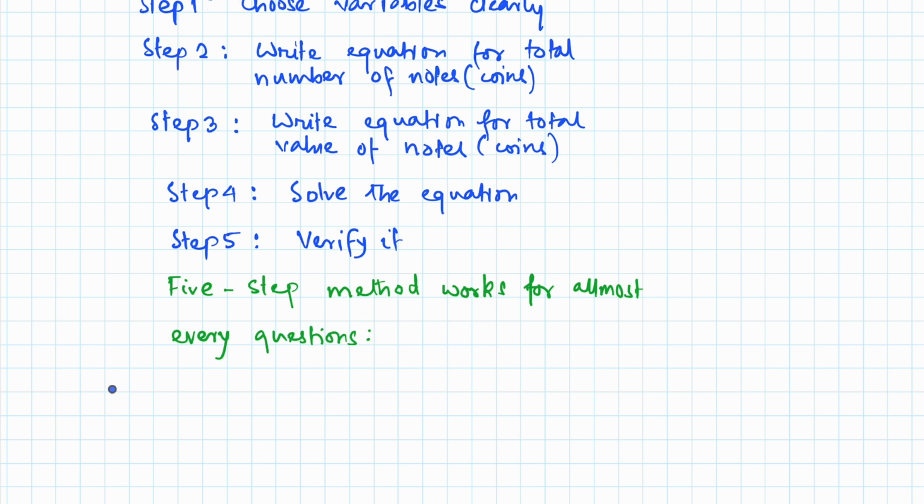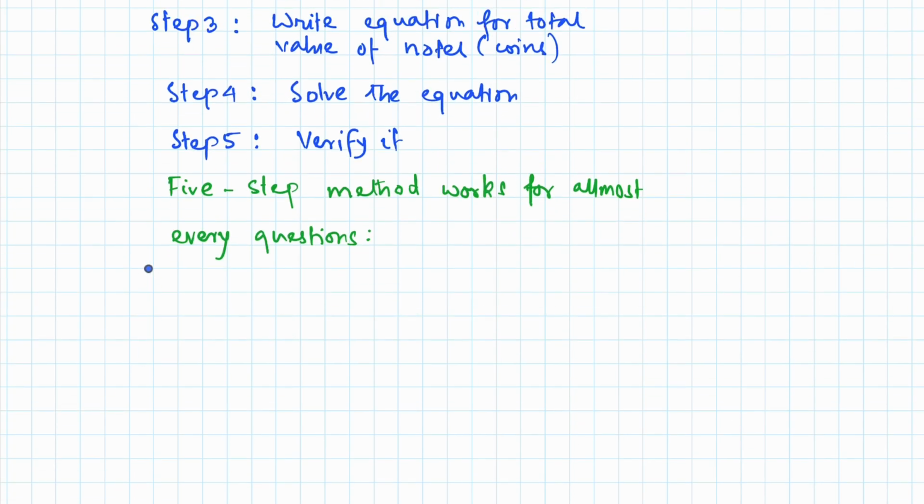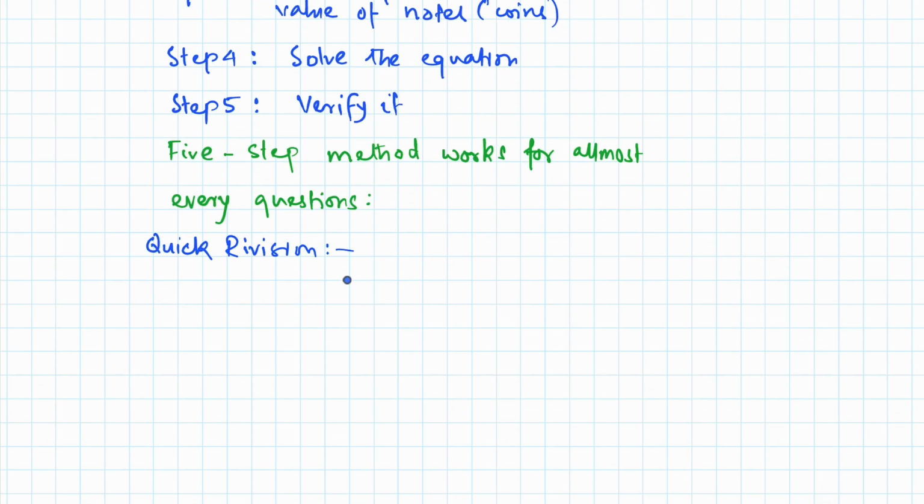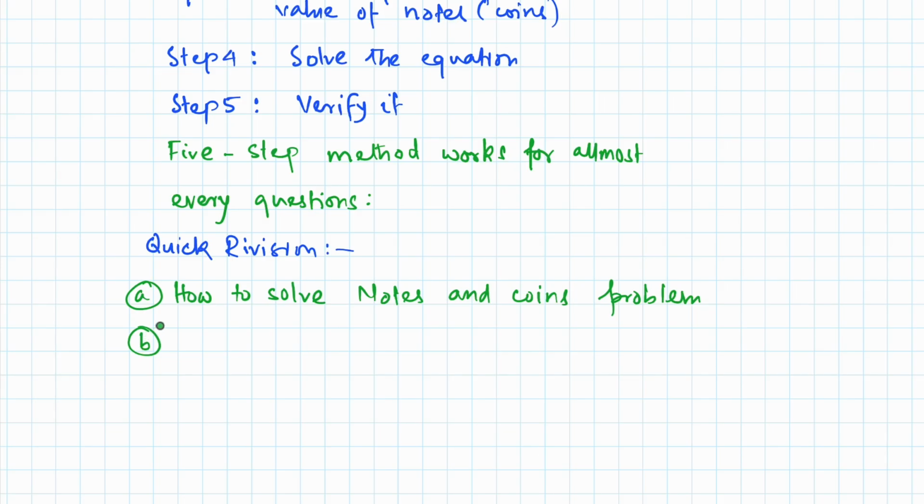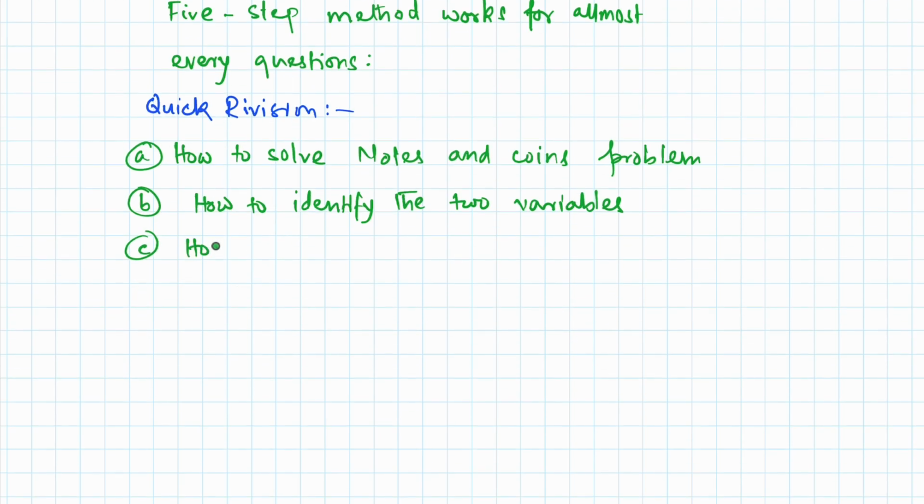Now, a quick revision of what we have learned so far. Let us summarize it. A, how to solve the notes and coins problems. B, how to identify the 2 variables for these coins or notes.